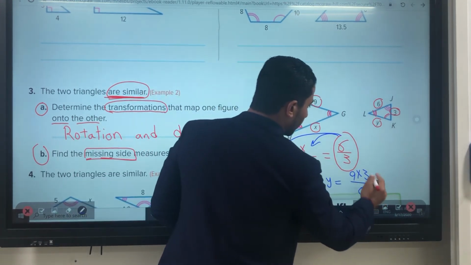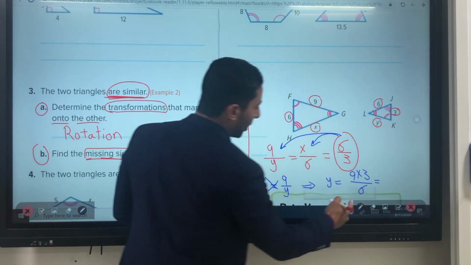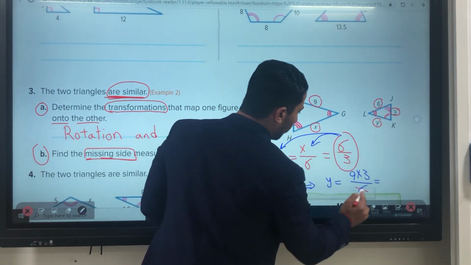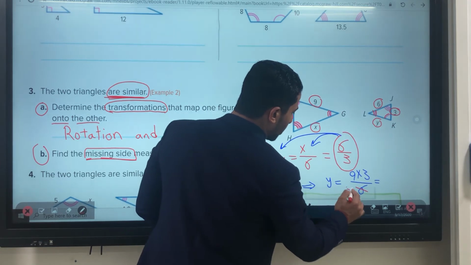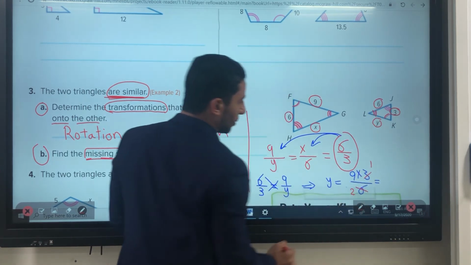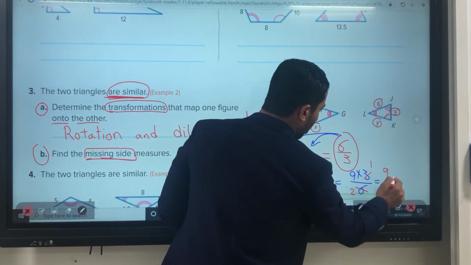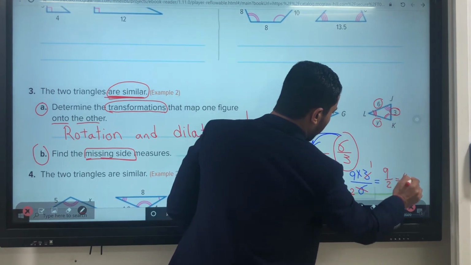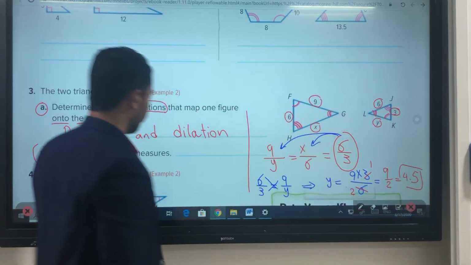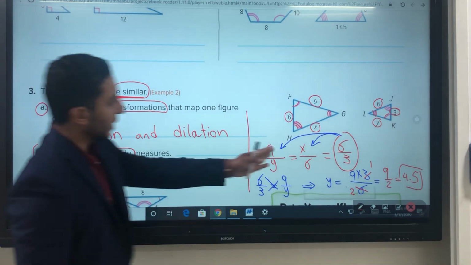So it gives us divided by 3 up and down, 6 divided by 3 equals 2, 3 divided by 3 equals 1. So 9 over 2, which is 4.5. So y equals 4.5. What about x?